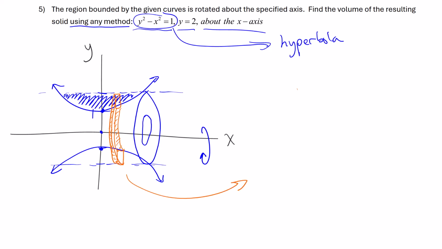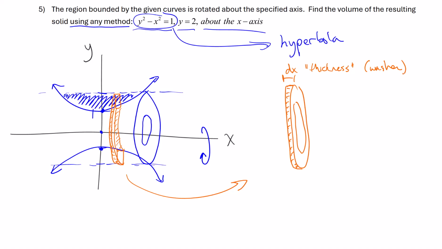We're looking at a vertically oriented washer, meaning it would be stacked on the axis of rotation, which is the x-axis, which means it would have a thickness that is, in this case, horizontal thickness. So we'll call that thickness a dx thickness for a washer.